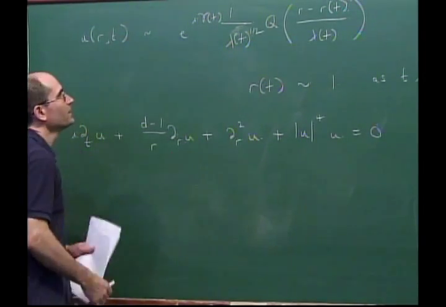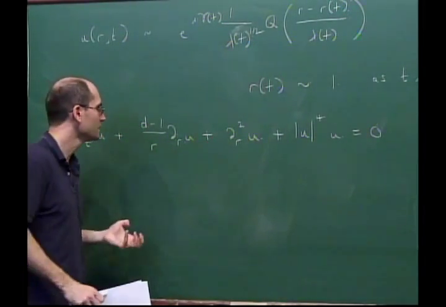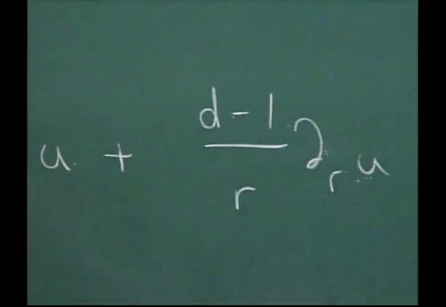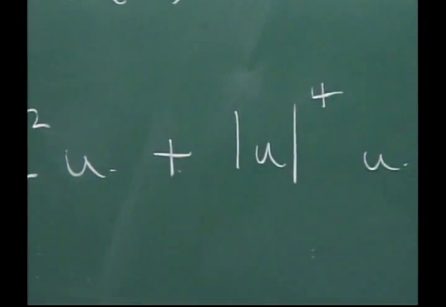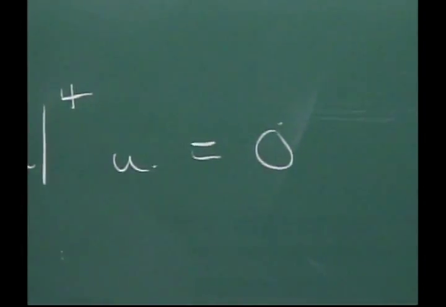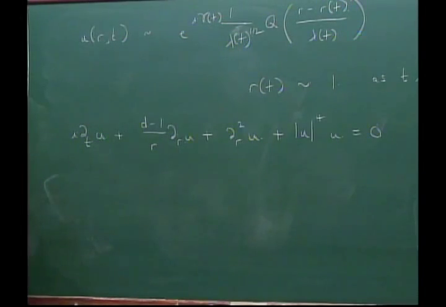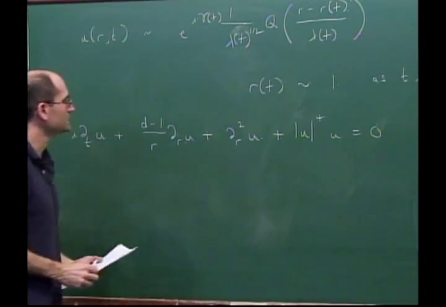This is concentrating, becoming singular at radius 1, so r here is approximately 1, and the d_r u is subordinate to the d_r squared u. This gets worse when you take more derivatives in r, because the lambda pops out. The lambda is going to 0.